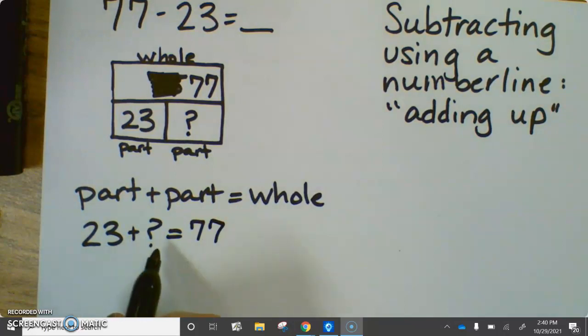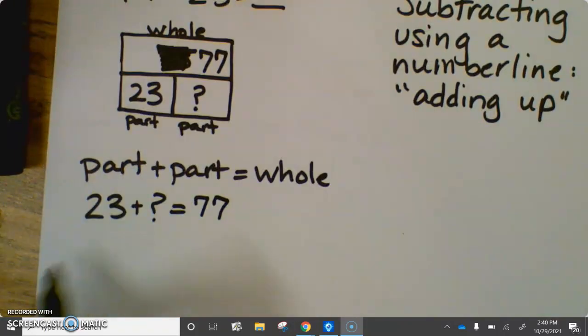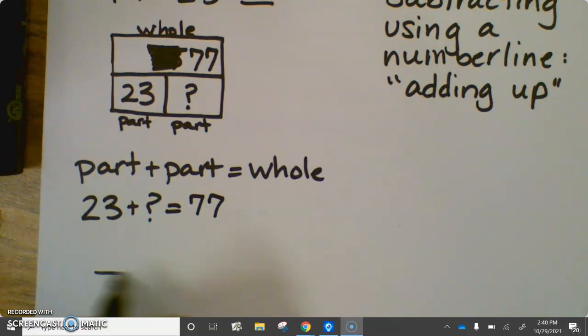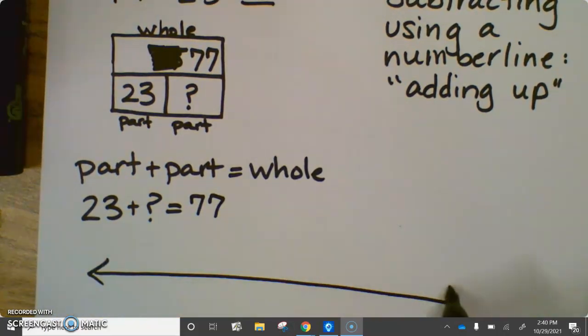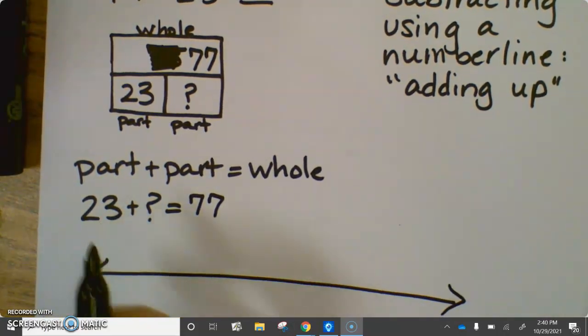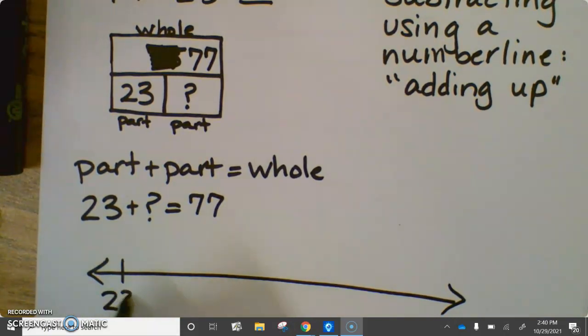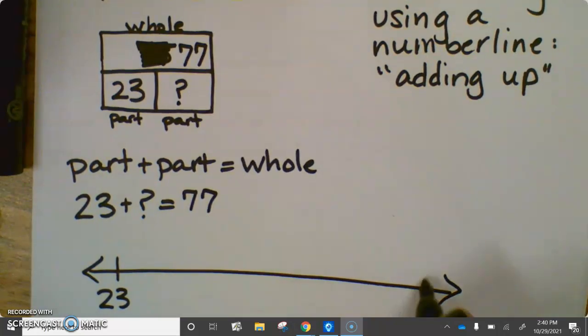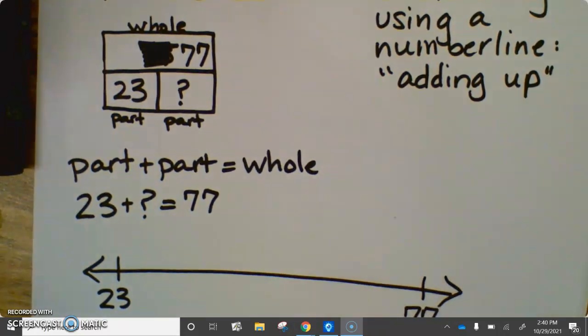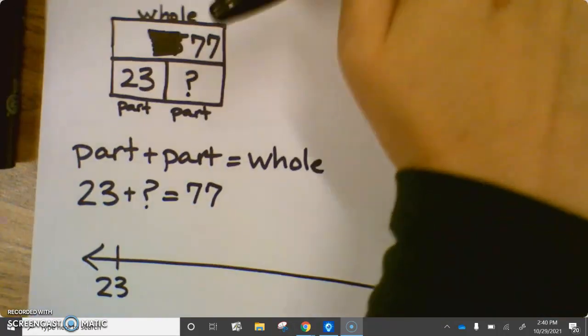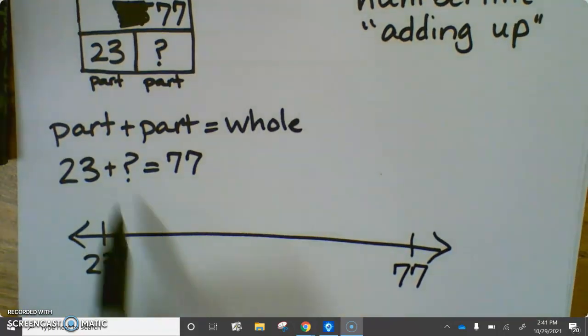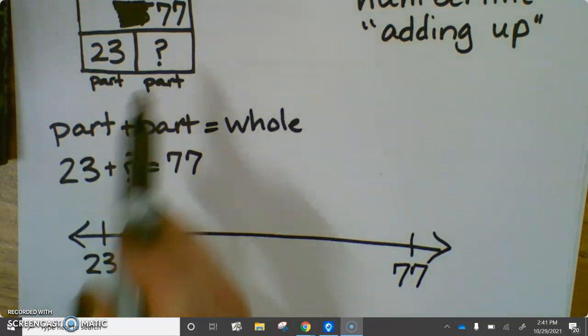Part plus part equals whole. Okay, now let's draw our number line. We're going to start with 23 on the left, and we are going to add something until we get to 77. So 77 is going to go on the right. And now we're going to find out what that something is, what that missing part is.